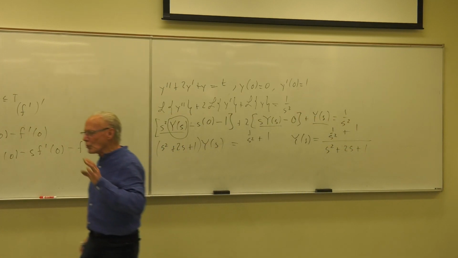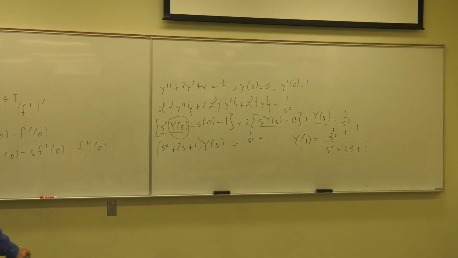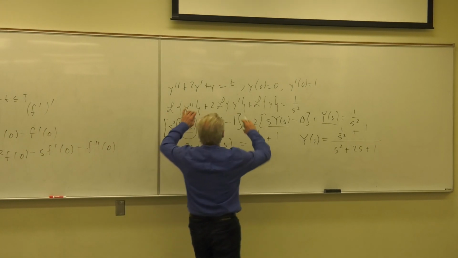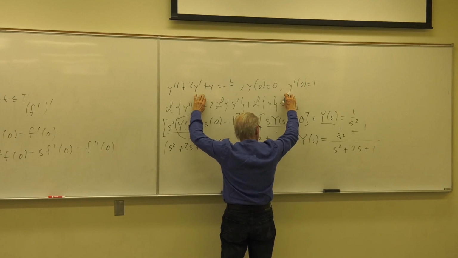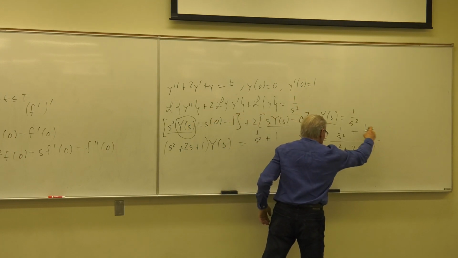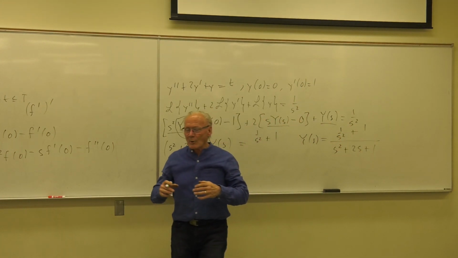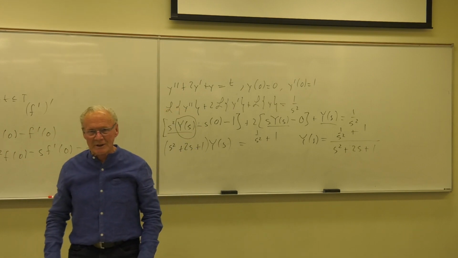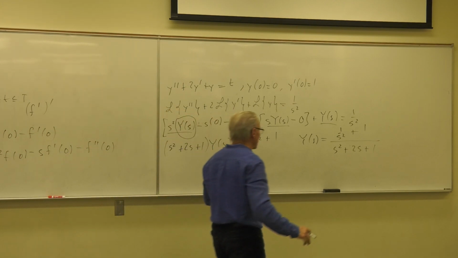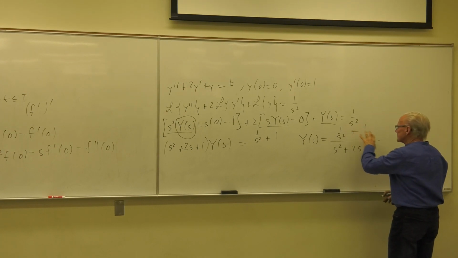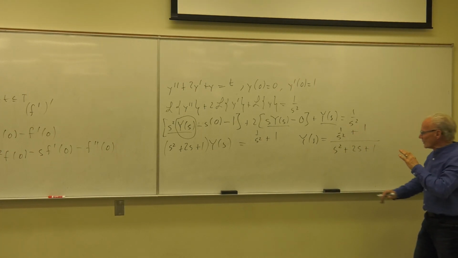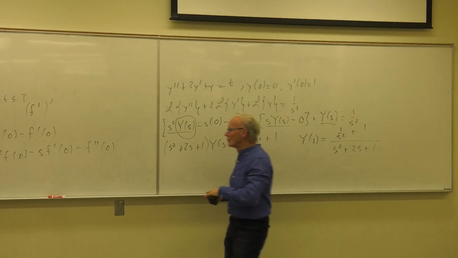I now know the Laplace transform of the solution to this problem. All I have to do is take the inverse transform of this, and I will have my y of t. So contemplate that. How are you going to find the inverse of this? There are two things you could do.